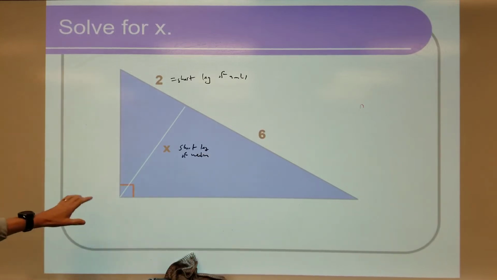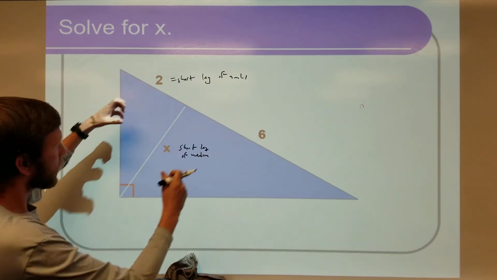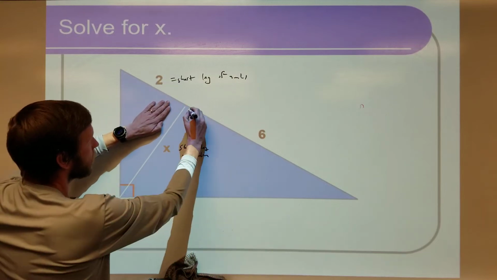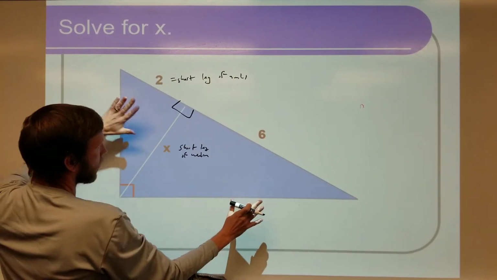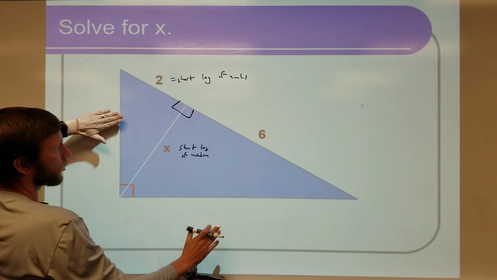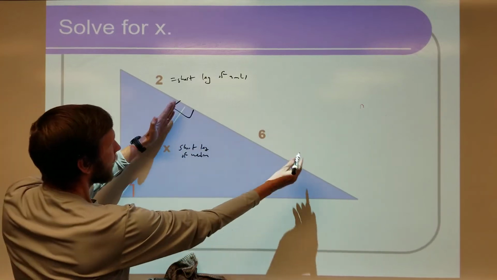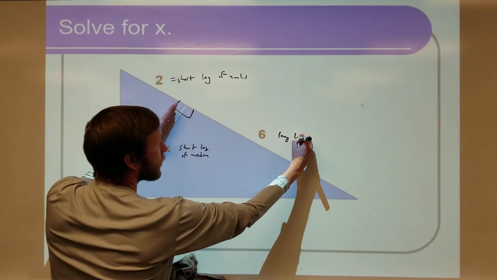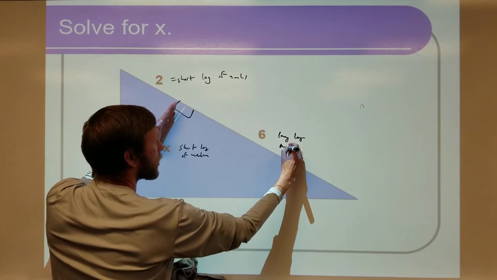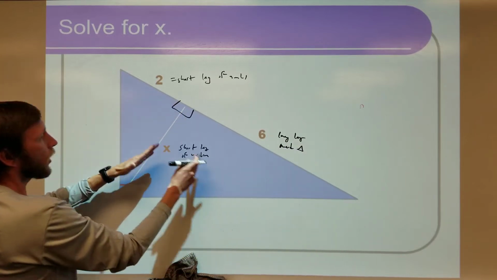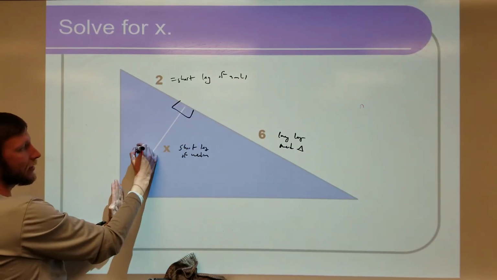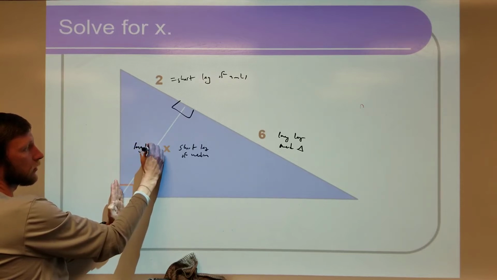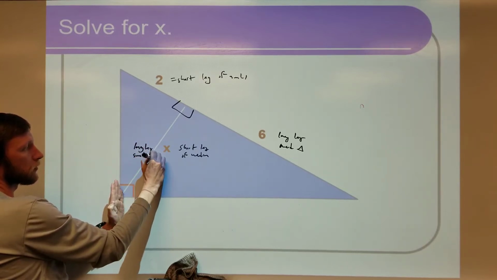And then on the other view here, this is our right angle. So these are the hypotenuses for the small triangle and the medium triangle. This is the long leg of the medium triangle, whereas this x is the long leg in the small triangle.